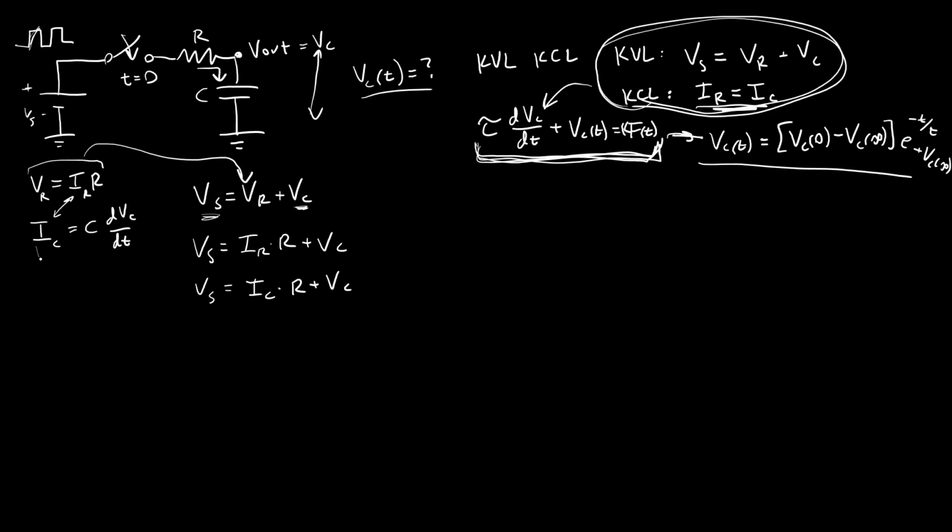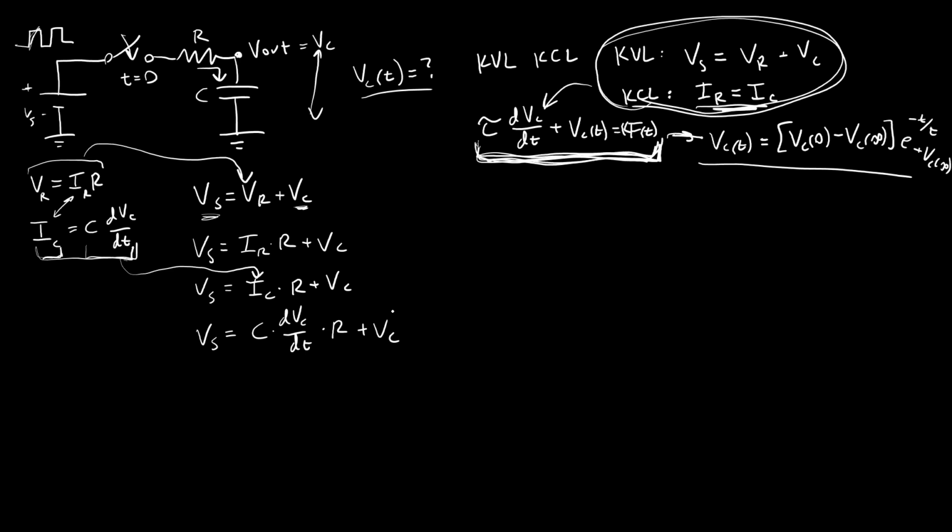And now, thanks to my capacitor equation, I want to get this whole thing in terms of Vc and its derivatives, so I can have a first order differential equation just in terms of Vc. I know that my capacitor current is equal to C times dVc/dt, so I can plug that in here, and I get Vs equals C times dVc/dt times R plus Vc.